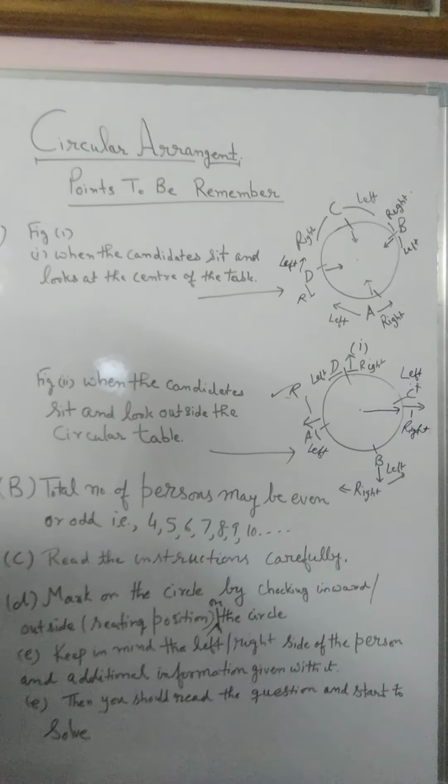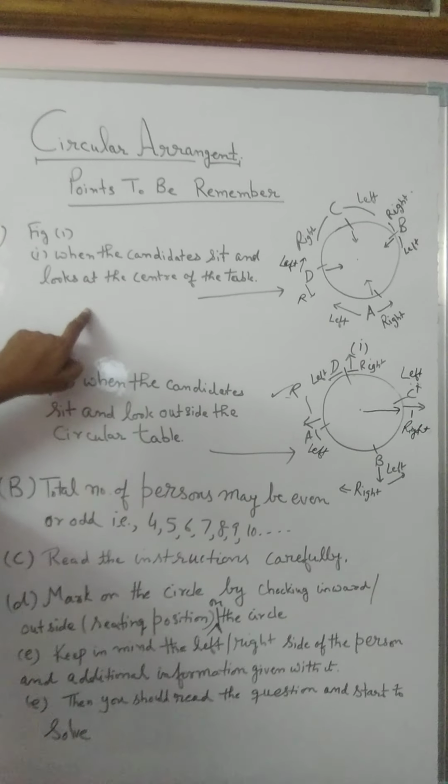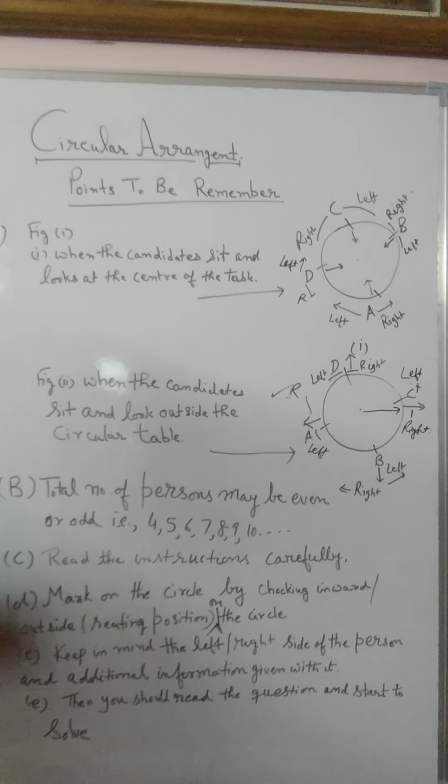So while solving our questions, we have to read this instruction very carefully, whether the candidate is looking towards the center of the circle or outside the center of the circle. The first thing we have to be very careful about. Second thing is, the total number of persons may be even or odd.